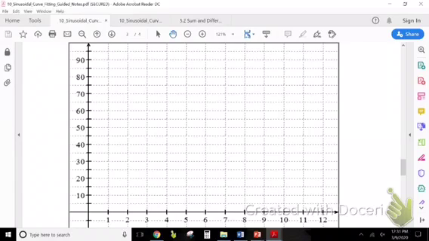So we know our X's represent what variable? Months. The months. And our Y's represent the temperature.